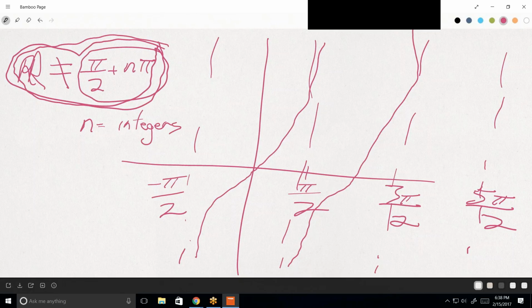But the way this works is n is presumed to be all integers from negative infinity to infinity. That's what n is, and it's all of them. It's not whichever one you pick.